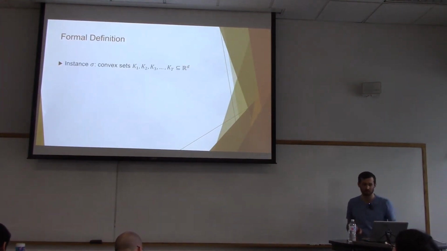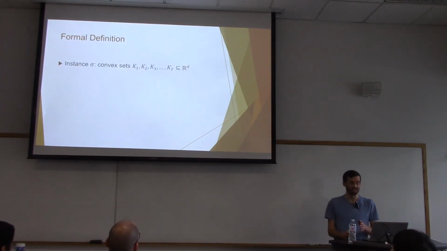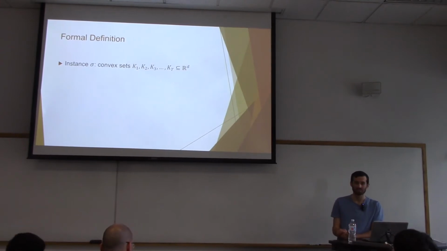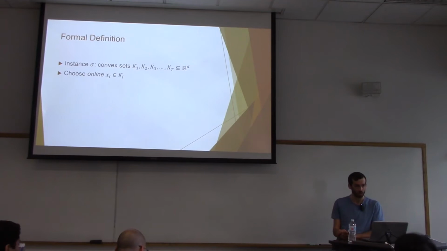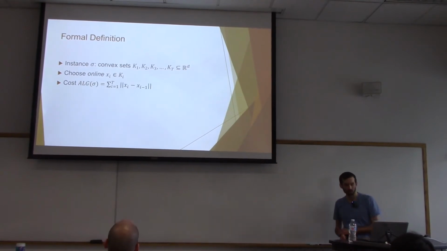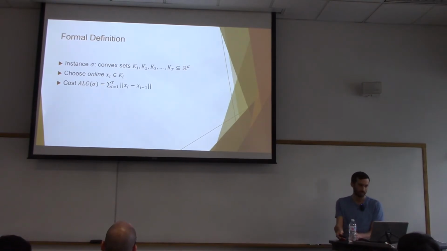A formal definition of the problem: an instance consists of a sequence of convex sets. I have to choose my point x_i in K_i in an online fashion, meaning that I choose x_i before K_{i+1} is revealed to me. The cost of the algorithm is the sum over all time of the distance of x_i from its previous point.